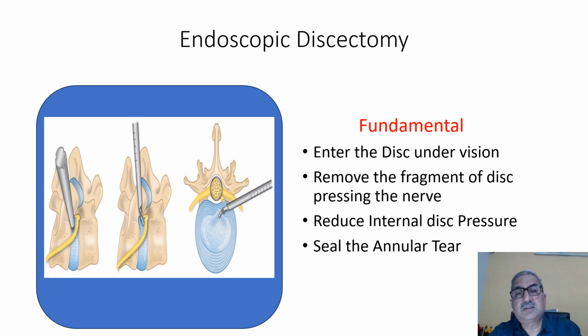And endoscopic discectomy basically tries to remove the part of the nucleus which is the offending agent and clear the nerve root so that the pressure on the nerve root goes away and the internal disc pressure reduces. So this is endoscopic discectomy. It does give good results, of course, but again, if the nerve sensitization remains, then the pain may persist.